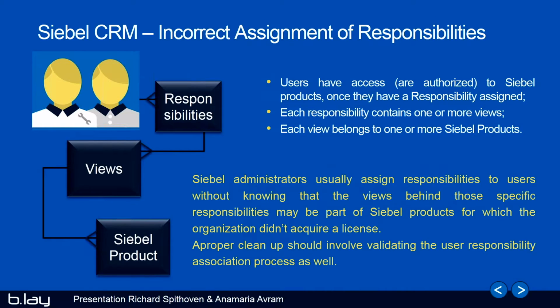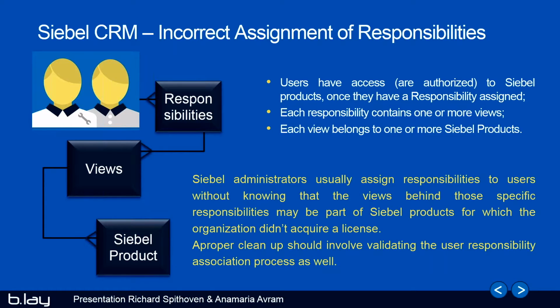What happens is that Siebel administrators usually assign users a responsibility that may contain some views that belong to unlicensed products, but they don't realize it. Thus, a proper cleanup should also involve validating the user responsibility association process.